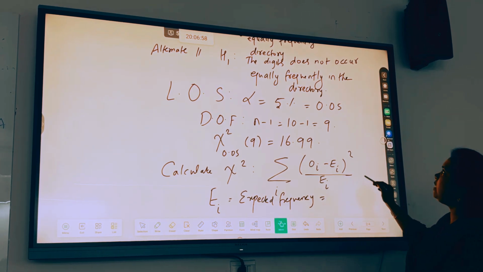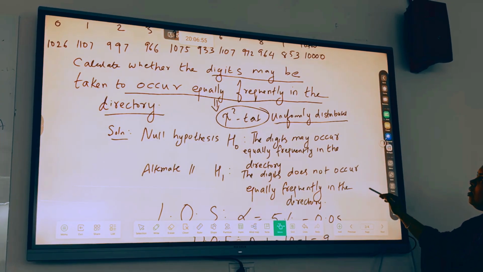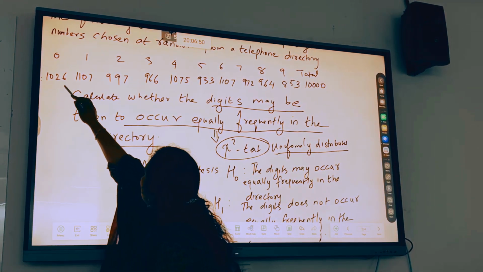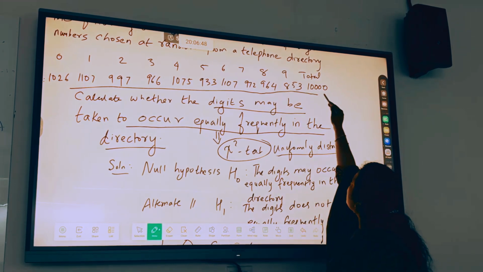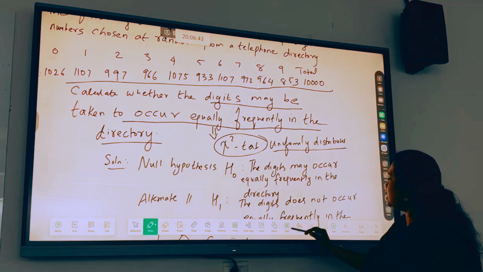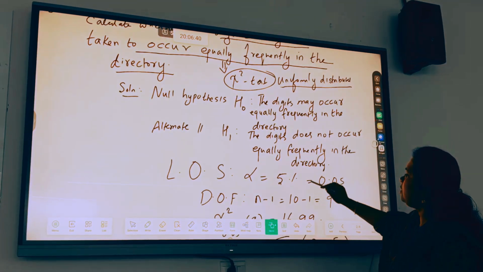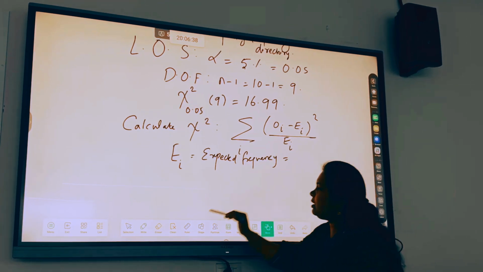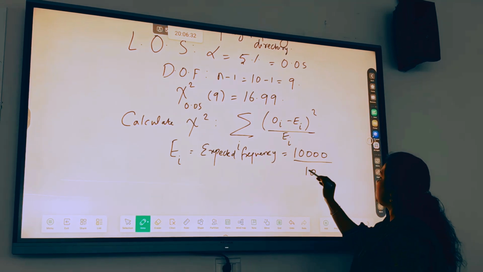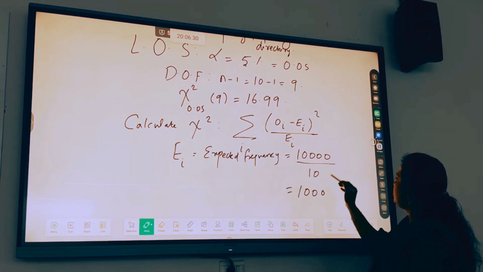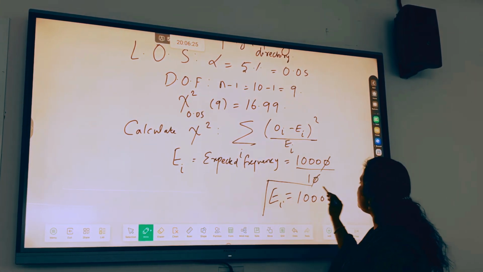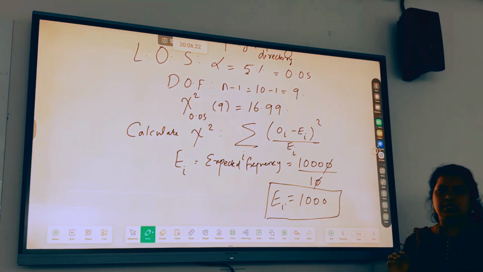Now if you look here, you add all these numbers and you get the total as 10,000. Out of this, 10 digits are there. So we calculate the expected frequency for 10 digits, which is 1000. So EI is 1000 for all these digits from the telephone directory.